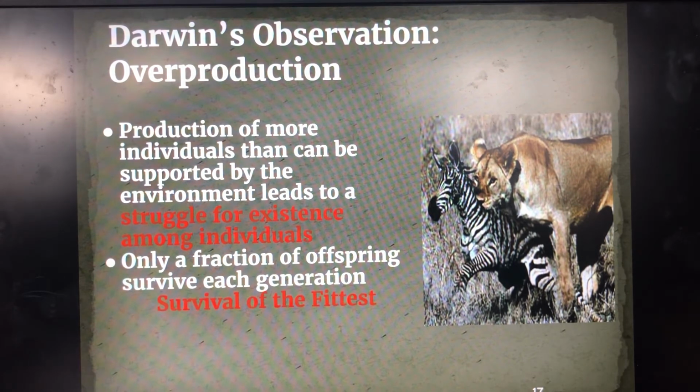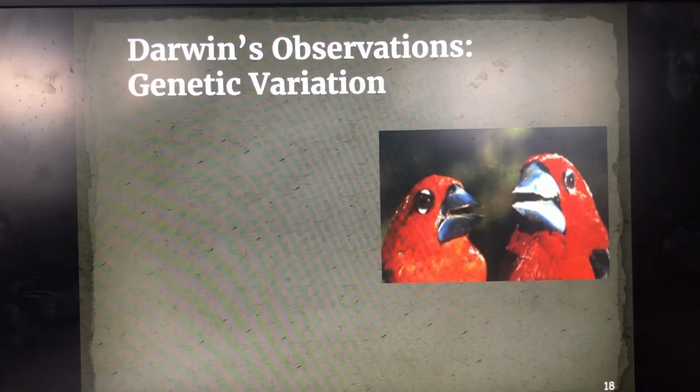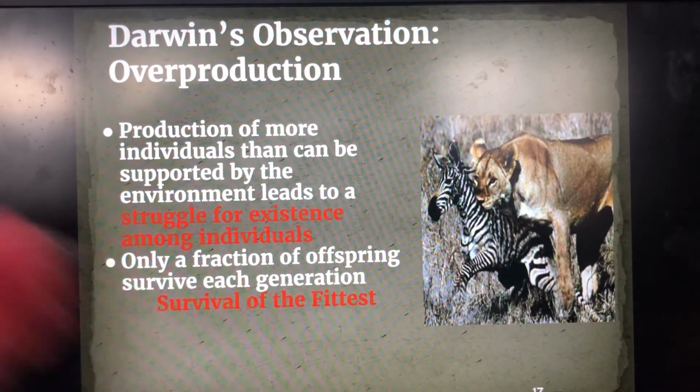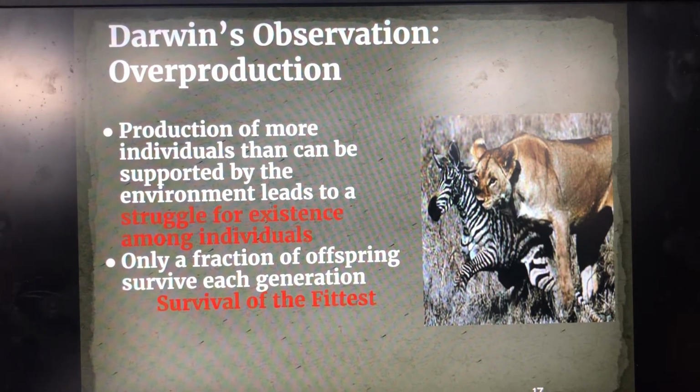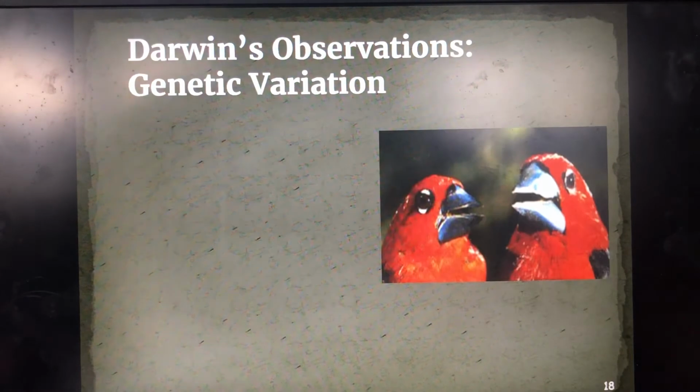And that's not always the case, but it's not quite like the wild animals, like a tiger that has to look for its food, and there's more than are needed, or a prey that the weakest will get selected against, okay? So only a fraction of the offspring survive for each generation, and we call that survival of the fittest.